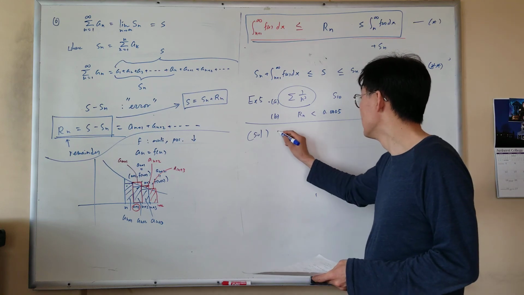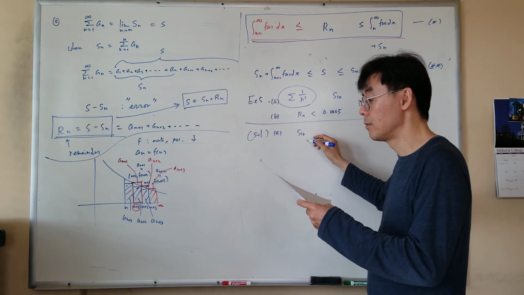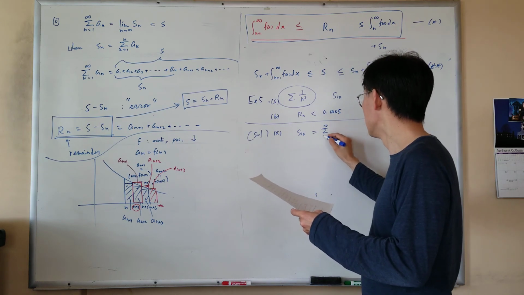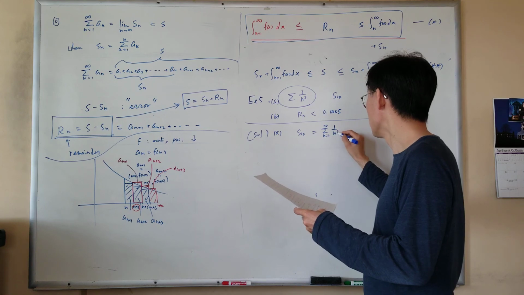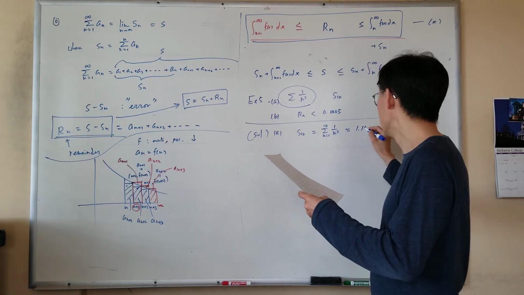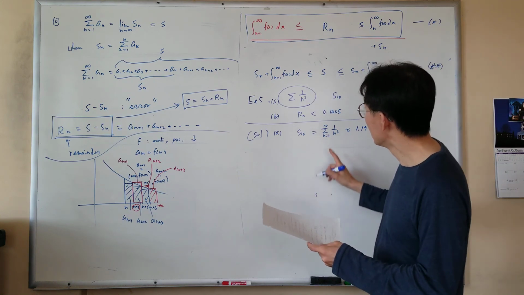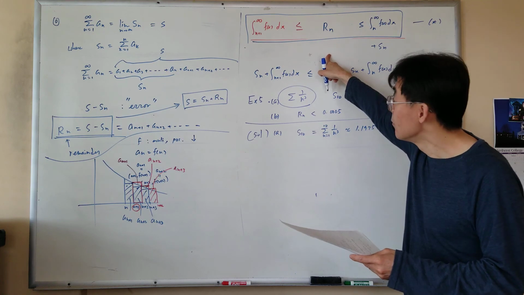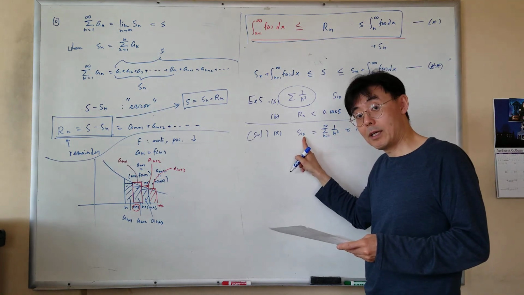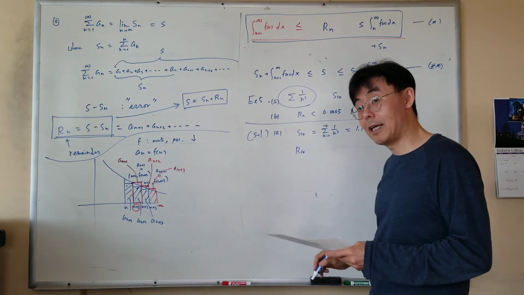So when you use S_10, you can calculate it. S_10 is the sum from n=1 to 10 of 1 over n cubed. If you use your calculator, it is 1.1975.